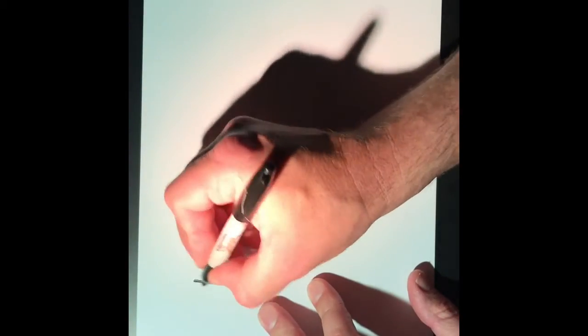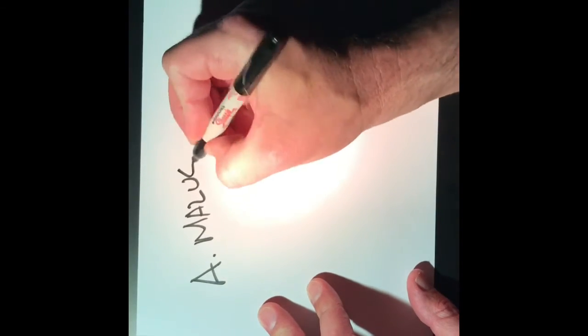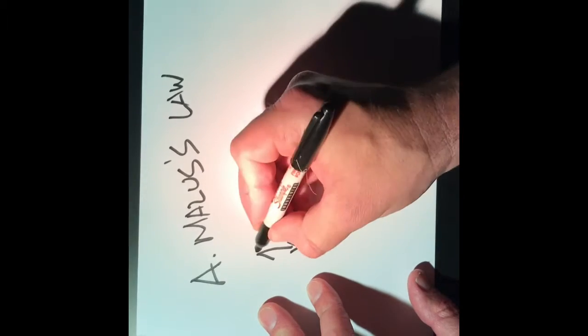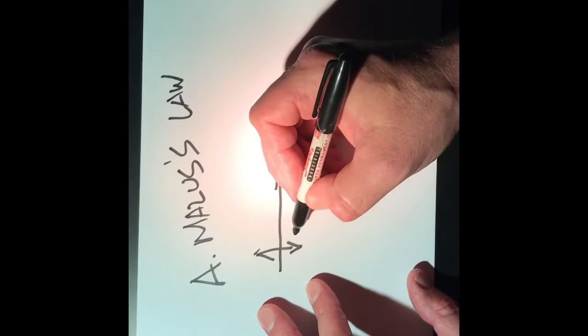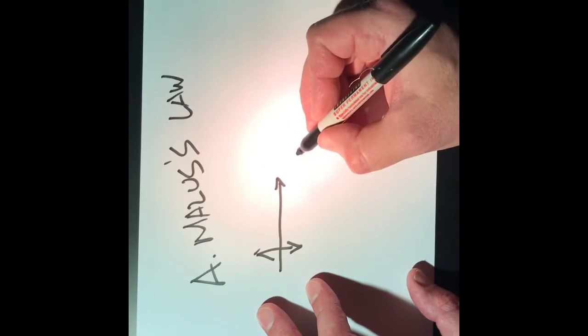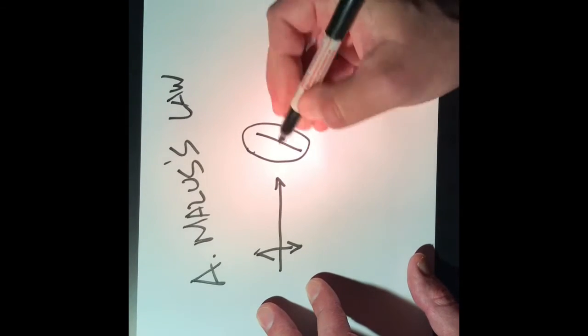Okay, so to start with, we're going to be looking at Malus's law, which states that if you have polarized light, so drawing this here, the light is polarized vertically and propagating in the x direction, and it's incident on a polarizer.